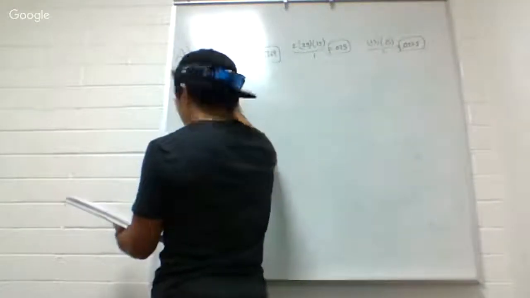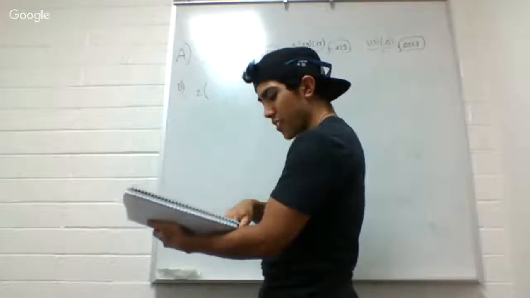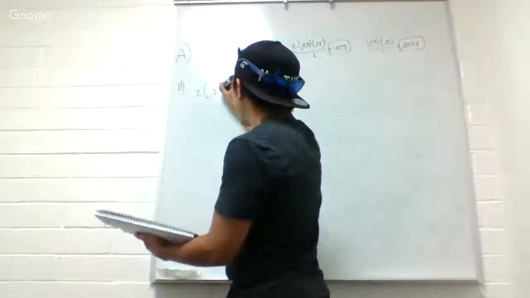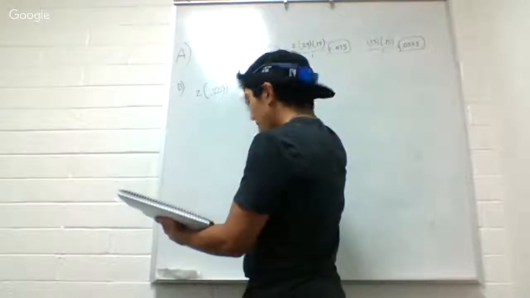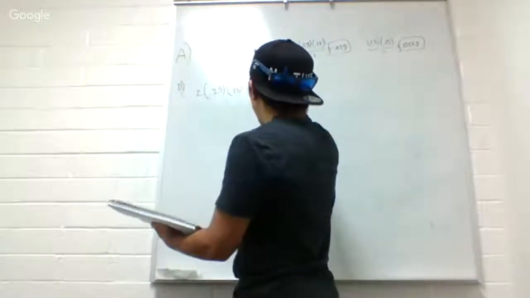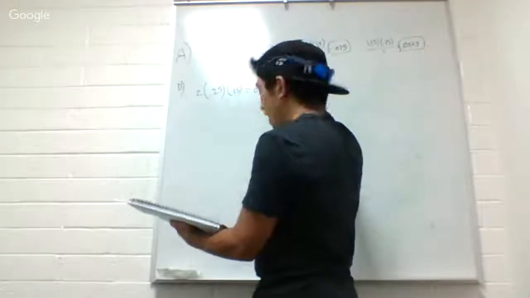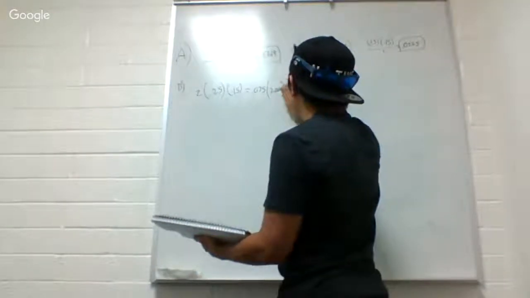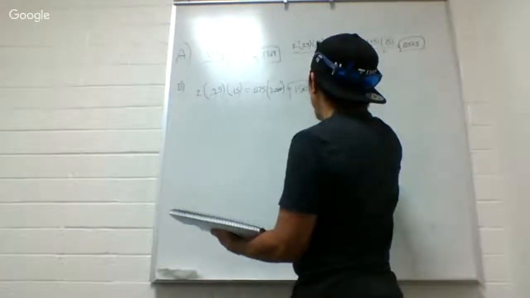So we have 2 times the frequency for the CB gene, which is 0.25, and then you multiply that by the C gene, which is 0.15, and that gives us a frequency of 0.075. Then we multiply that by the population, which is 2,000, which will give us 150.